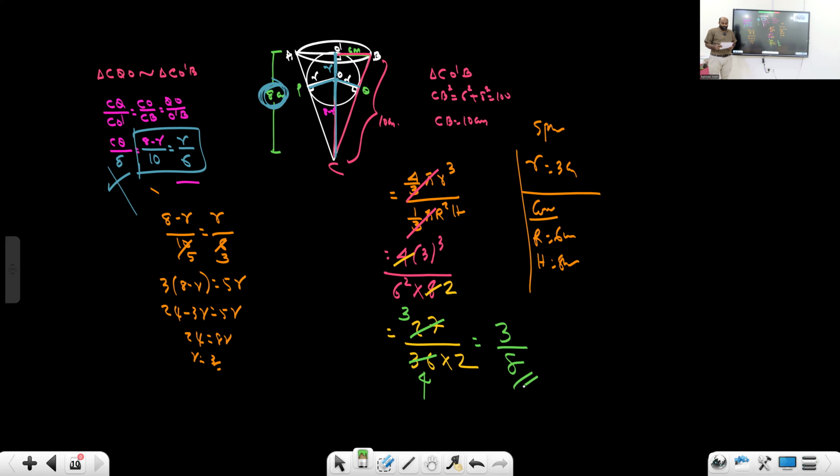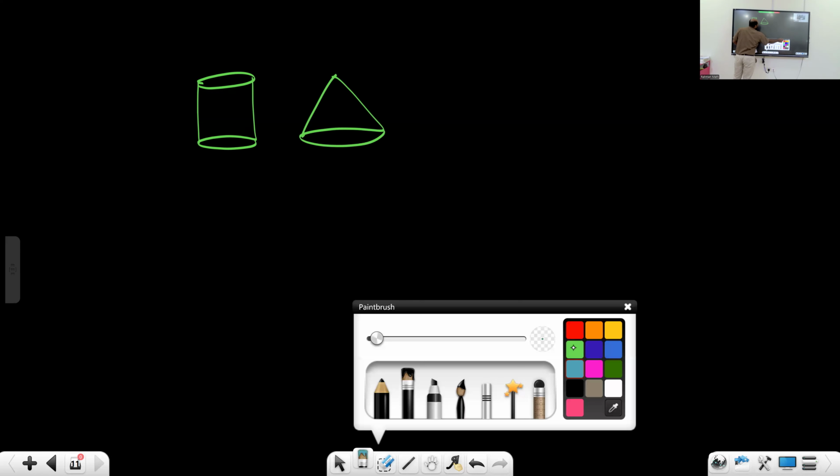Question number 18. There is a cylinder and a cone. In 9th standard, I don't know whether you remember, cylinder, cone and hemisphere came.